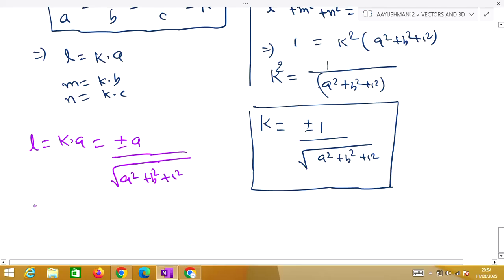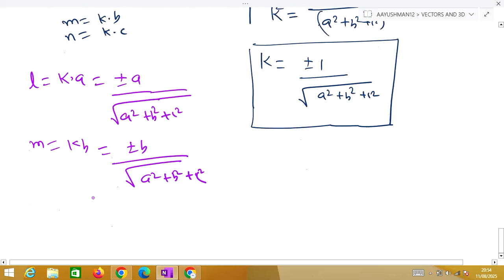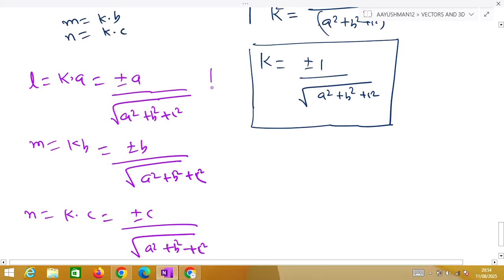Similarly value of M is K into B, it will be plus minus B divided by root under A square plus B square plus C square, and N is equal to K into C, plus minus C divided by root under of A square plus B square plus C square. So these are the values we have over here.